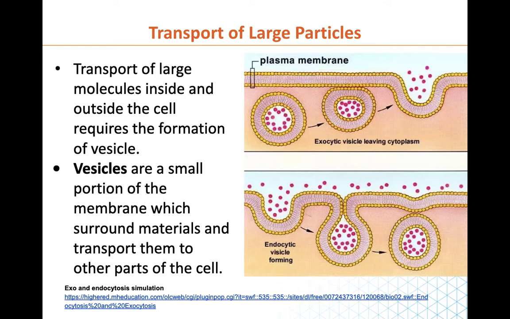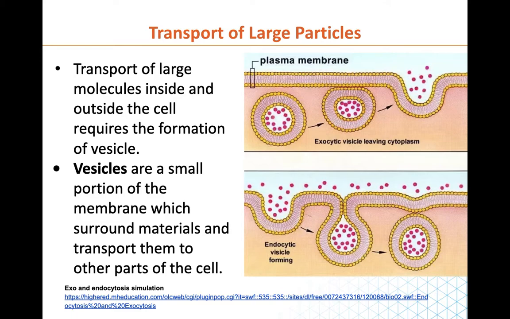The very last topic we need to cover is endo and exocytosis. Okay, so for the first couple of days, we were talking all about diffusion and passive transport. Passive transport is a type of transport that requires no energy because it's small molecules moving from an area where they are at a high concentration to an area where they're at a low concentration.